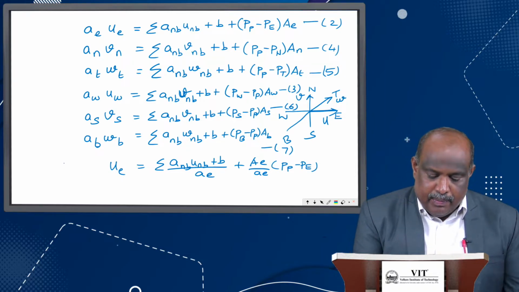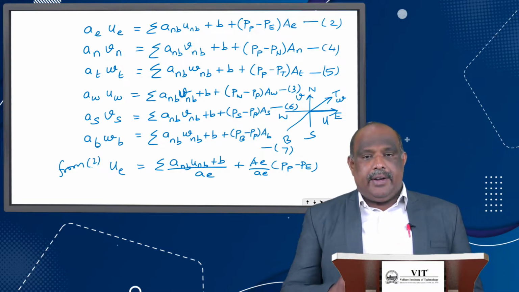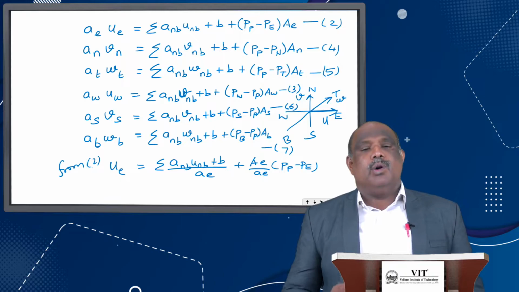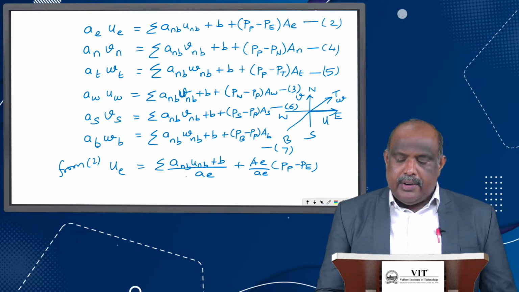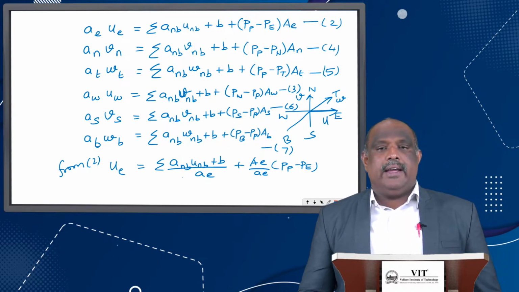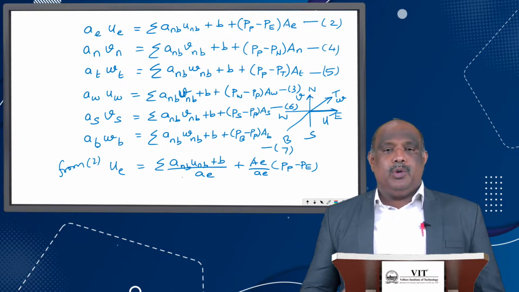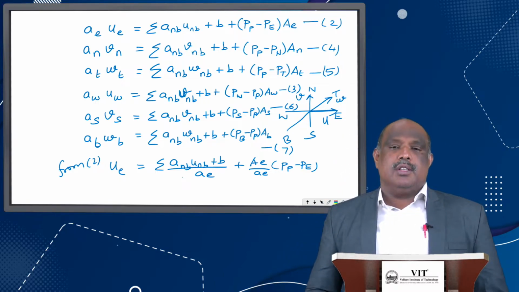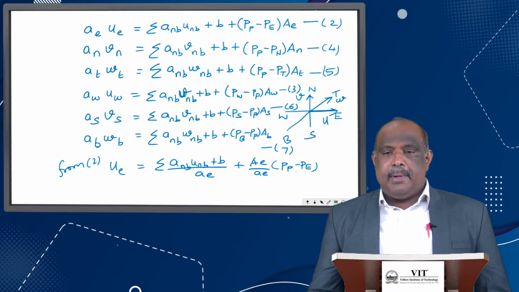What I did in this equation is divide all the terms by a small e, which is nothing but some coefficient, some number, divided uniformly for all the terms. So I landed at ue equal to sigma anb unb plus b, because b is also a constant, by ae plus ae by ae of pp minus pe.